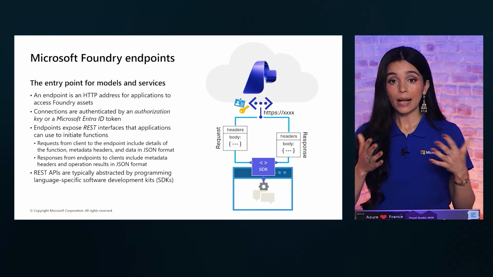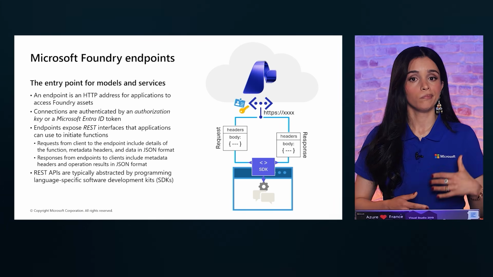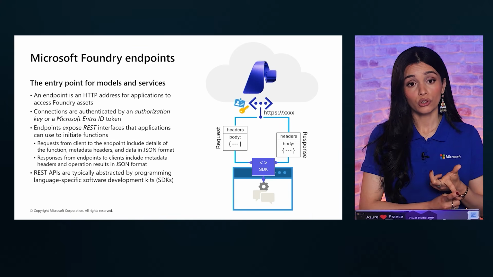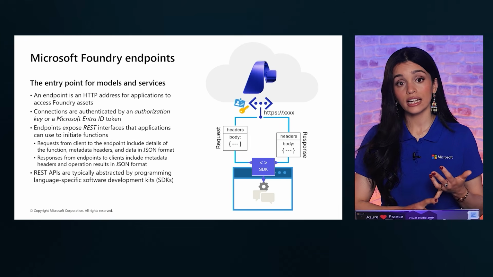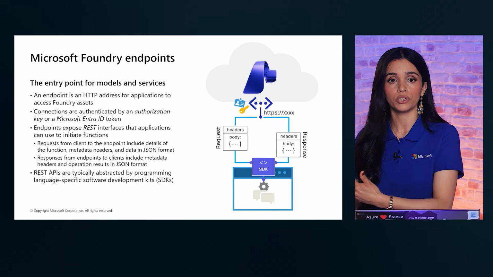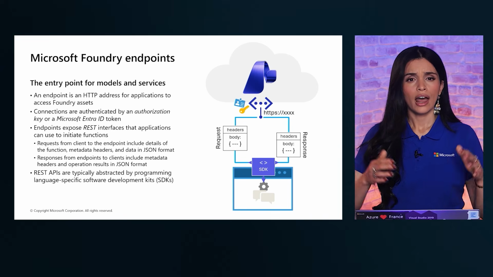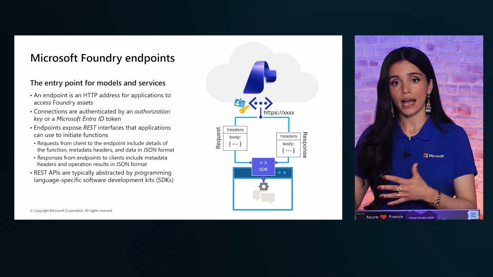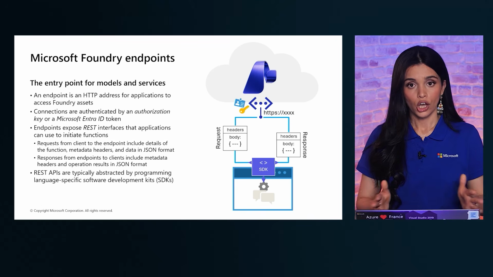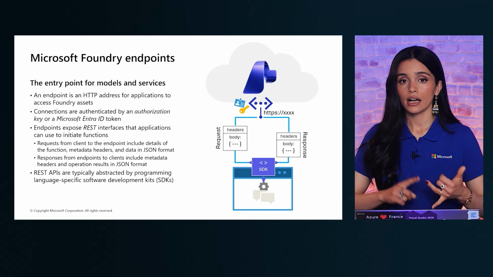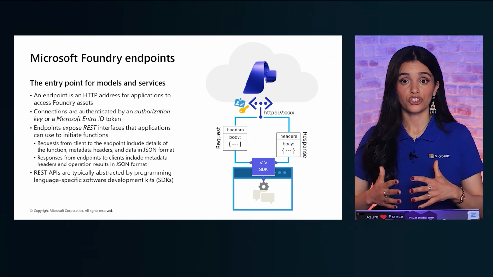That means the application sends a structured request that includes things like the operation it wants to perform, authentication details, metadata, and headers, and also the actual input data, such as the user's question. Then, Foundry sends back a structured response, also in JSON, containing metadata, headers, and the operation result, such as the generated answer.